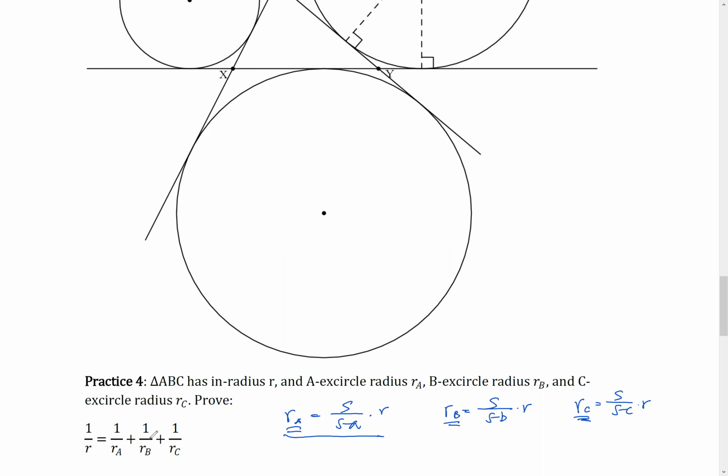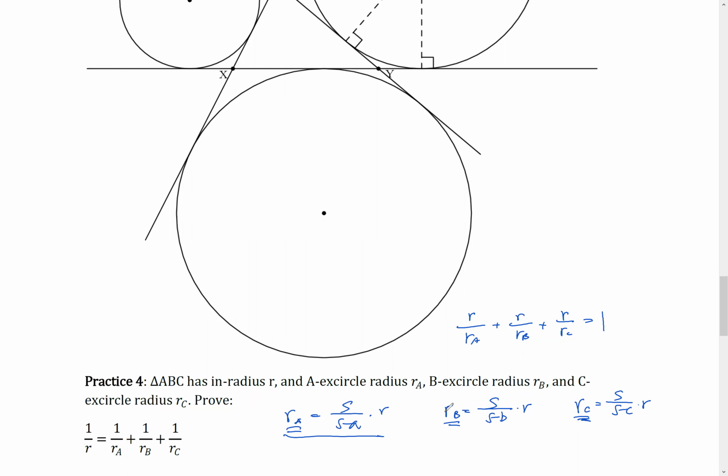Another way to write this is that r divided by RA plus r divided by RB plus r divided by RC equals 1. It's a somewhat important identity for a triangle.